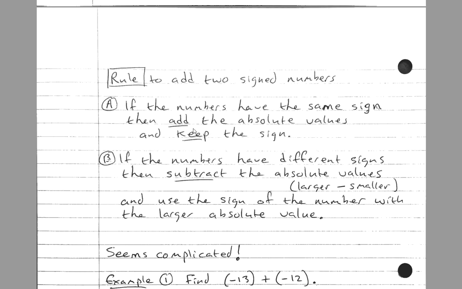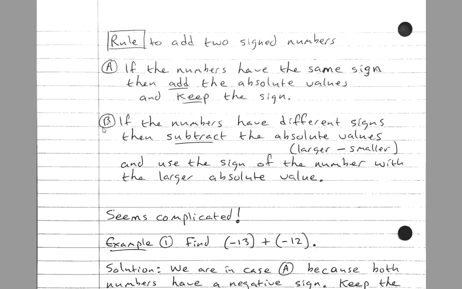That makes sense on the number line. If you're adding two positive numbers, the answer is positive. But if you're adding two negative numbers, start at the first negative number and move left, the answer will definitely be negative. And the number part is just adding the two absolute values.